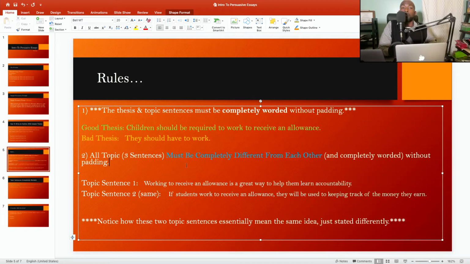We'll talk about that. But they have to be completely different from each other, and of course, without padding. We'll talk more about padding, perhaps in another lesson. But it's very, very important that topic sentence ideas be all different.